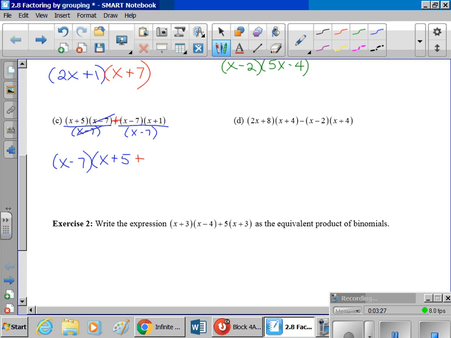All right, so x plus 5 plus x minus 7. Now you could keep the parentheses around these. In other words, you could put parentheses here and here if you wanted to, but it's not necessary. So let's just take that out and do it like this and say x minus 7 times, now we have x plus x, which is 2x, and positive 5 minus 7 is minus 2. So a little extra step in that one.